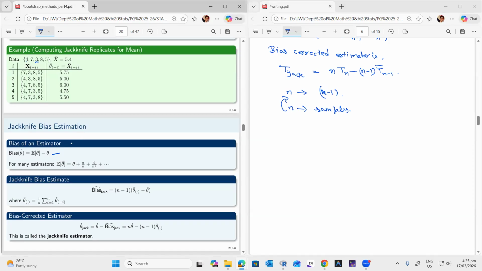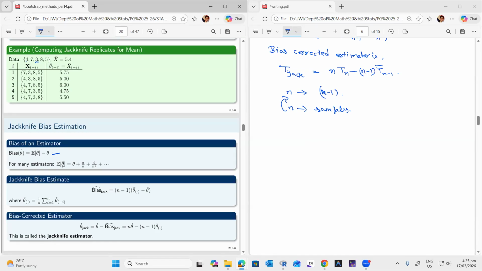Here theta cap is the estimate of the population parameter theta computed from the sample of size n, and the bias quantifies the systematic error of the estimator, the difference between the expected value and the true parameter value theta. If the bias is positive, we have overestimation, and if it is negative, we have underestimation of theta.